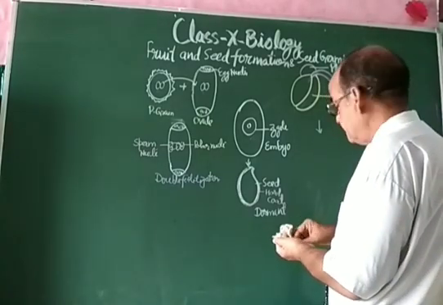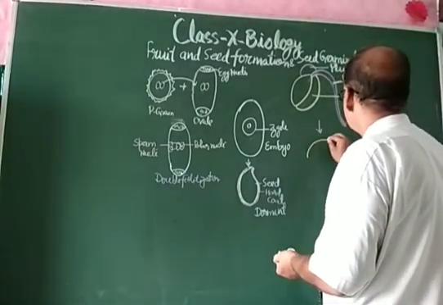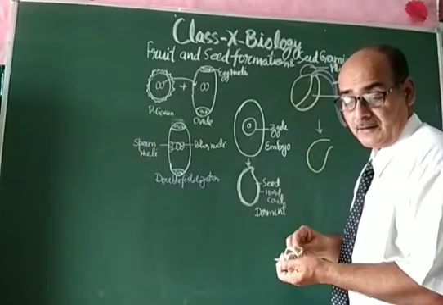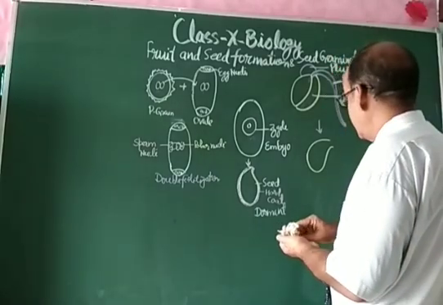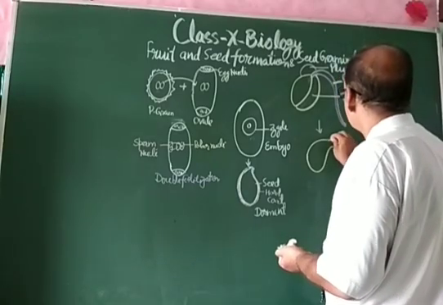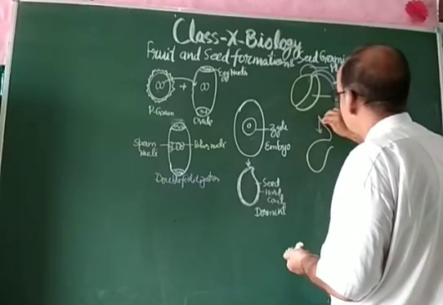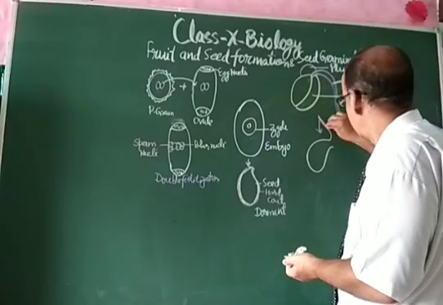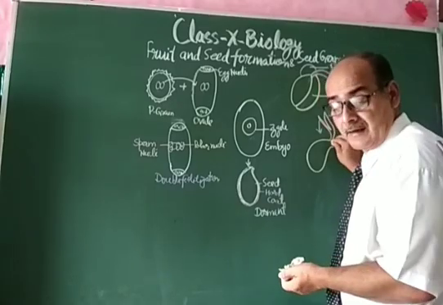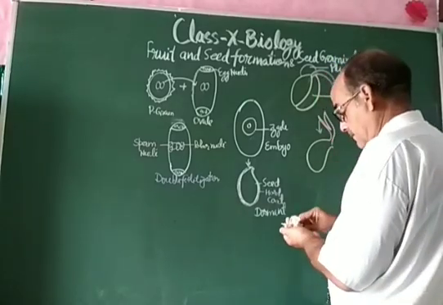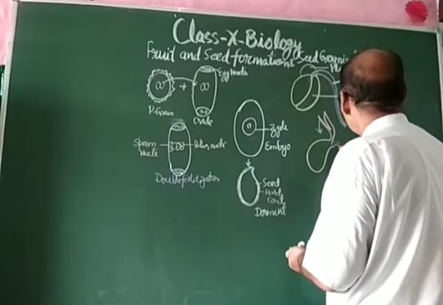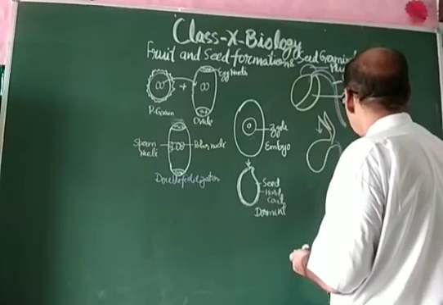The seed, what you are looking over here, starts germinating in the form of stem over here, and the radicle starts germinating in the form of roots.